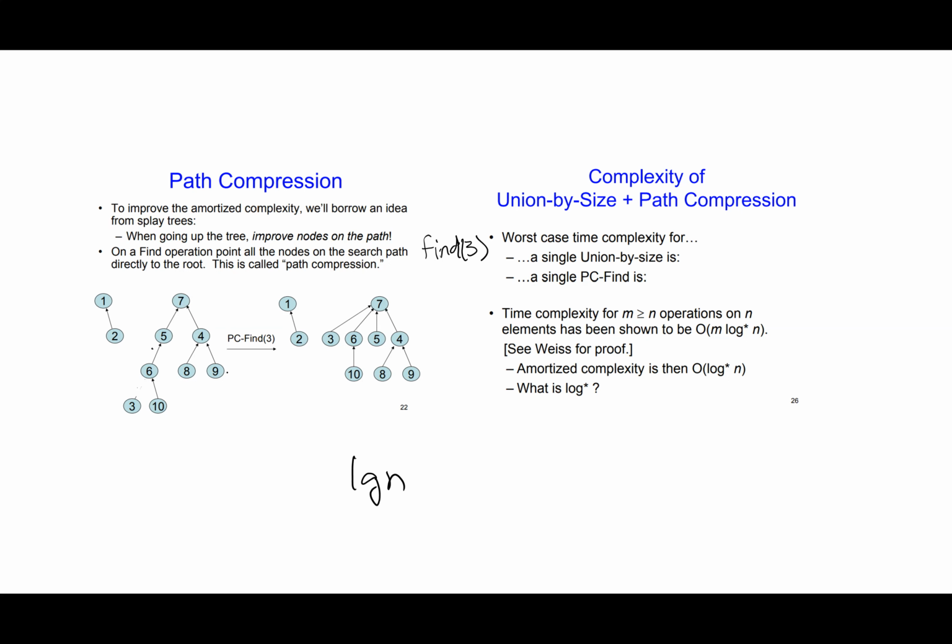So say we do multiple finds, 10 of the finds. Suppose we do find of 9. This one found 7 in 2 steps, but after that, it can just erase this link and create a direct link to 7, right?